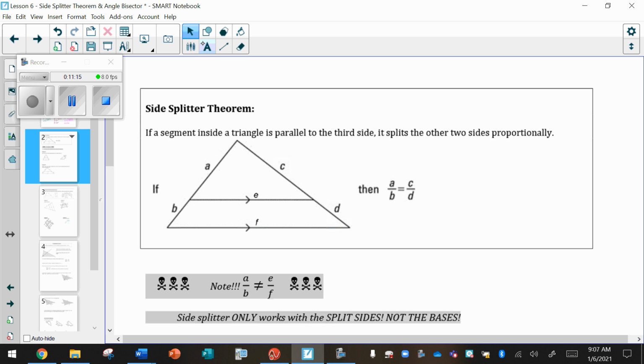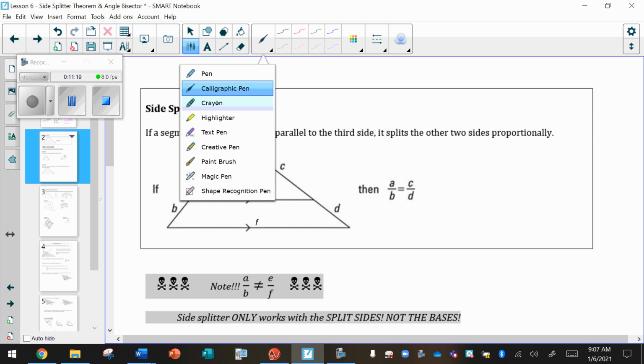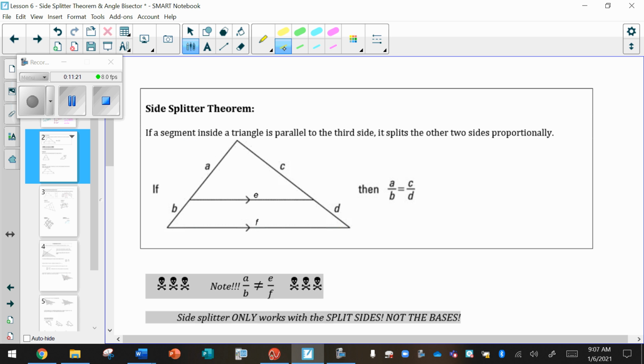But what we did in a couple of those examples is we also compared the side split pieces. That means A and B will be in the same ratio as C to D. As long as you are using the split sides, the pieces that are split, okay?